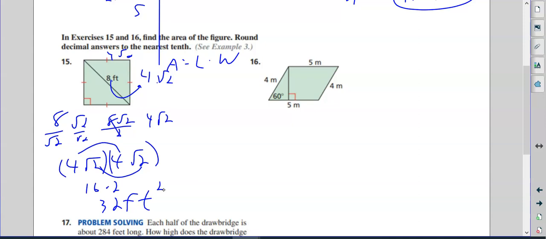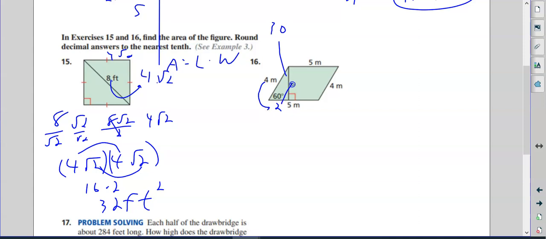So on this parallelogram, we need to find the height. Okay? So this is 30 degrees right here. We have 60. So we have the hypotenuse of 4, which means this is 2. All right? Because going from the hypotenuse to the small side, divide by 2.